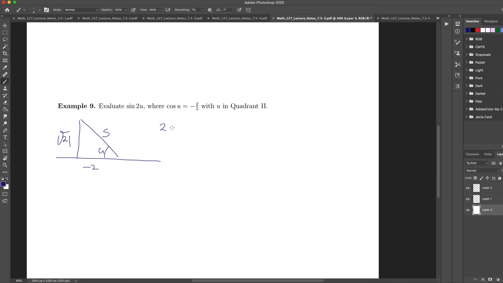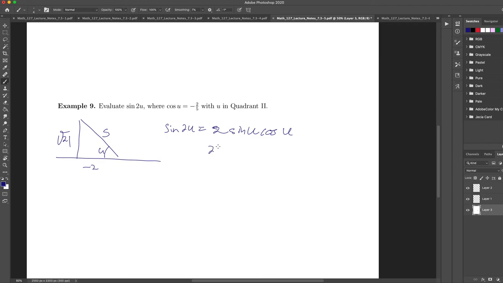Then, we'll go ahead and do this part. So we're using the double angle formula here. So sine of 2u is equal to 2 sine of u cosine of u.